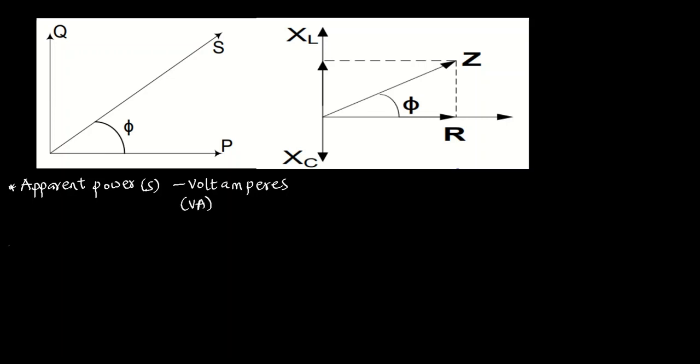And then we have the active power, which is also called the true power. We have the active power P, and this is measured in watts.